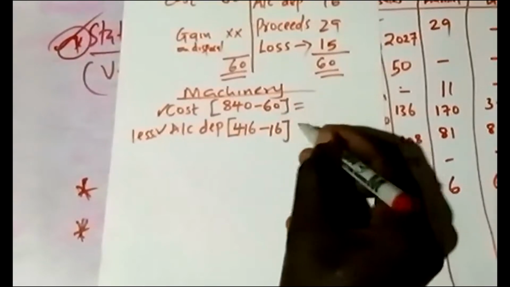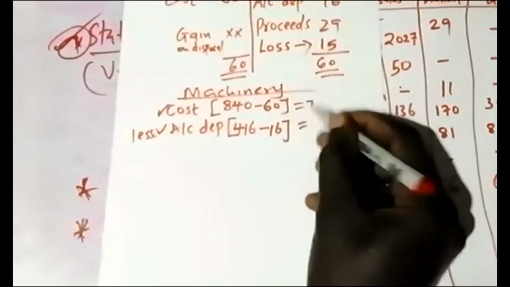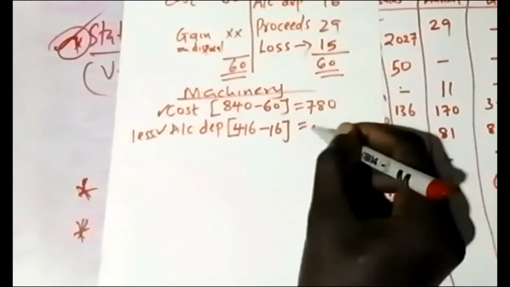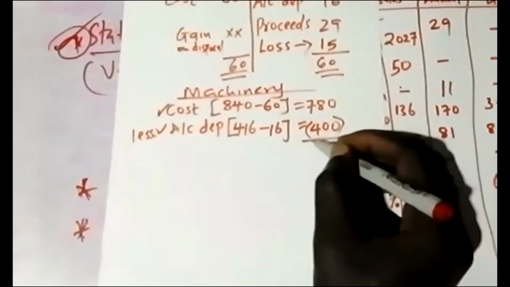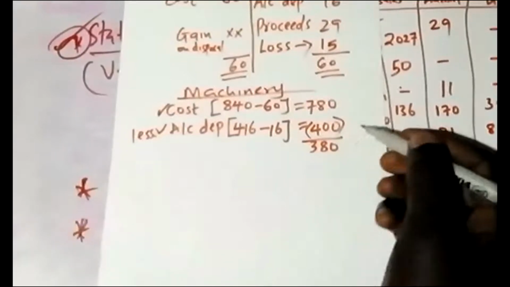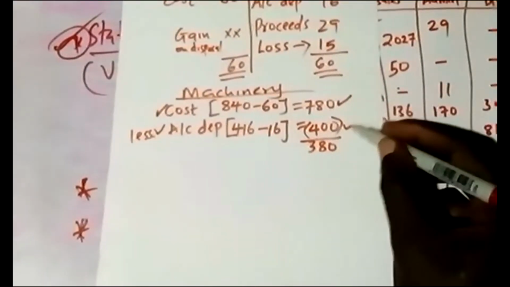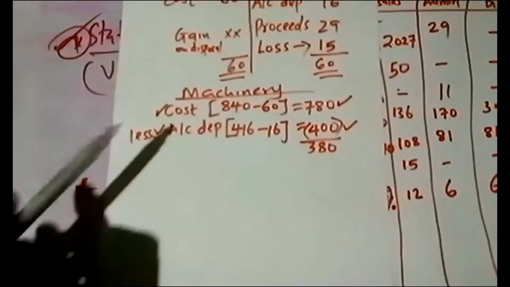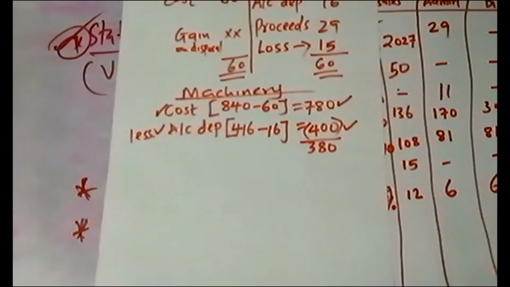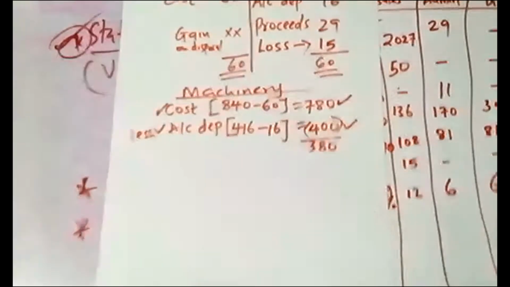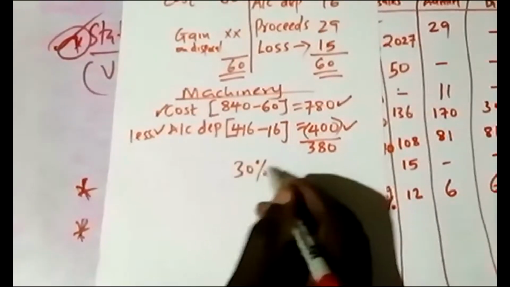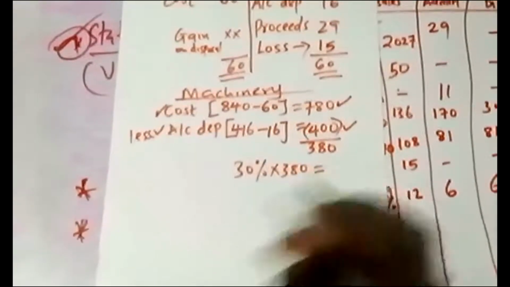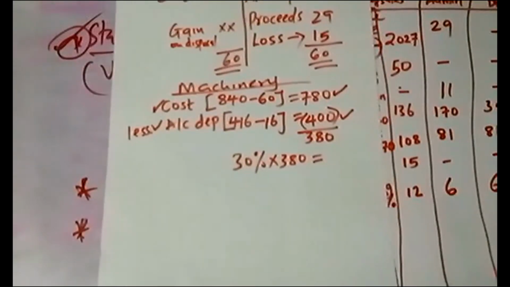Once I do that, I will get 780 and 400. So this is all about 380. After getting the correct cost and accumulated depreciation, I say cost minus accumulated depreciation. Then I take the percentage we are given in the question, which is 30%. So 30% of 380, what figure are you getting?